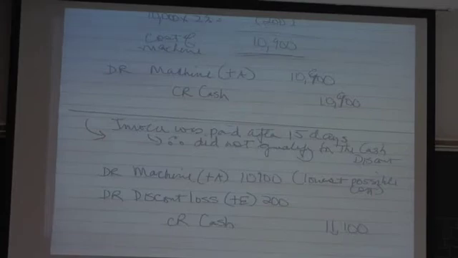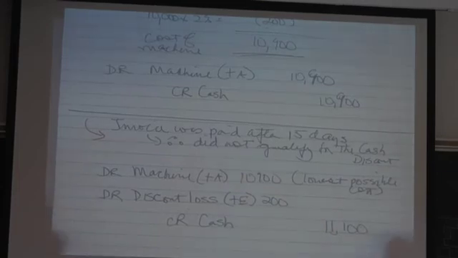Now, one argument could be made that we could add it to the cost of the machinery and credit cash, because that's how much we paid. But our standards require us to record the equipment at the lowest possible price, net of discount. So we would record it as a debit to the machinery, and we would record the discounts lost as an expense that's going to impact the current year's income statement.